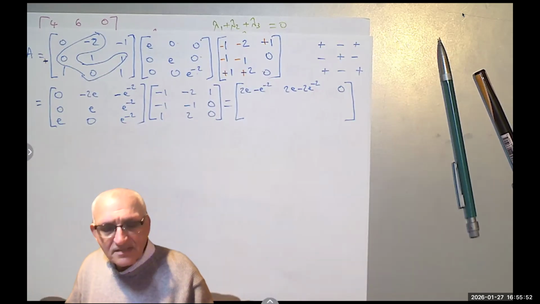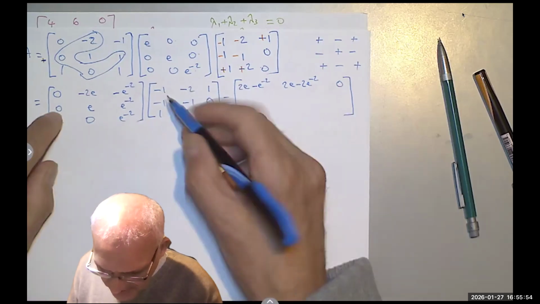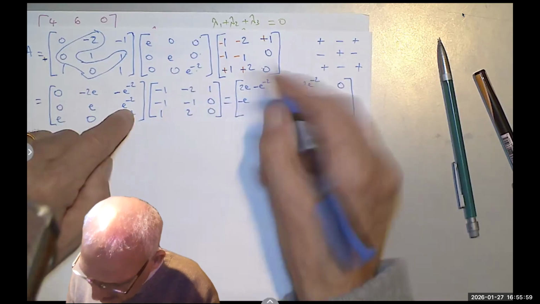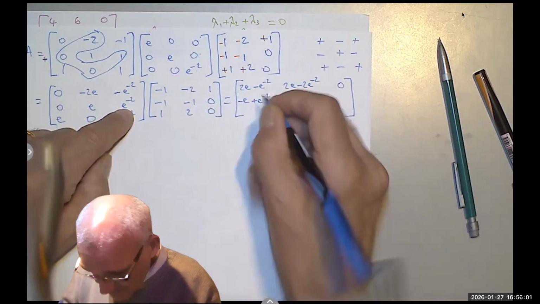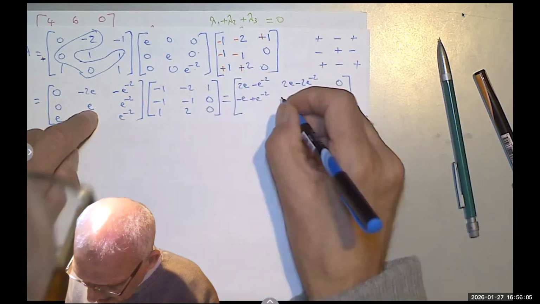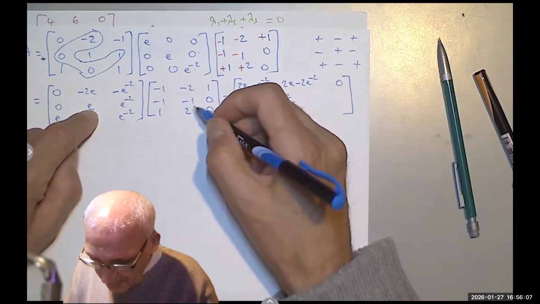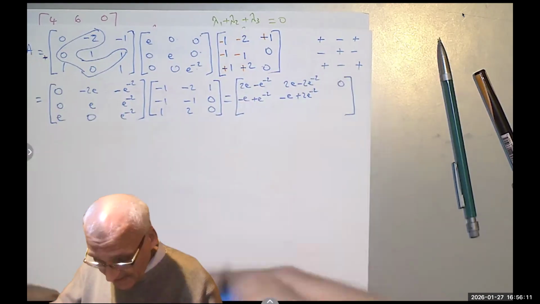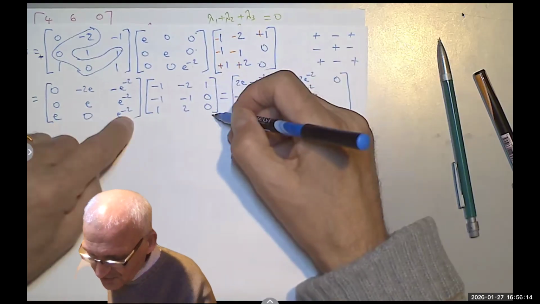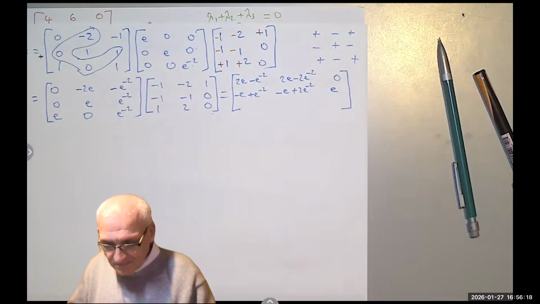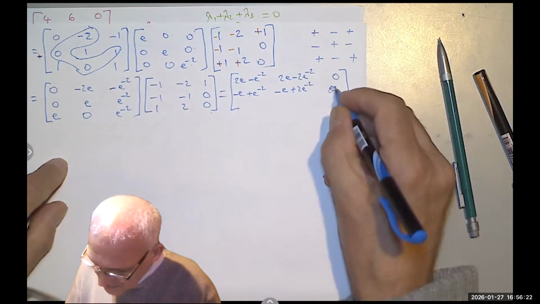Now, what else do we have? Second row, 0, -e plus e to the -2. 0, -e again, plus 2e to the -2. And finally, e, 0, 0. No, I entered e, 0, 0 here.